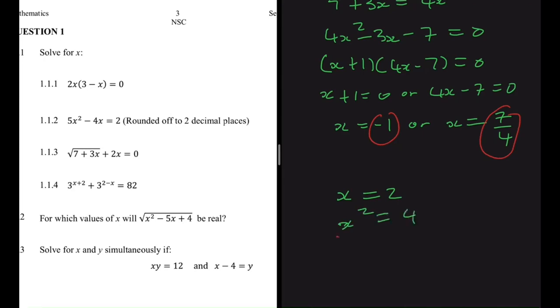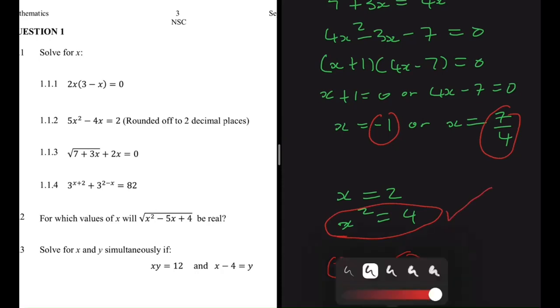If you decide to solve x squared equals 4, then 2 will be a solution. But not only will 2 be a solution, even minus 2 will be a solution. The minus 2 will satisfy what you have changed your expression to, but it won't satisfy what you were initially trying to solve.